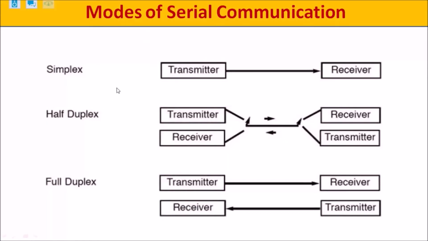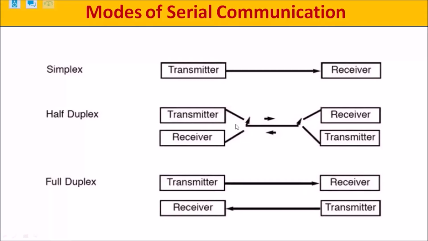Then you know the different modes of communication. Simplex communication is one-way data transmission, where one device is the transmitter and the other is the receiver. In half duplex communication, at a time only one device can transmit and the other can receive.